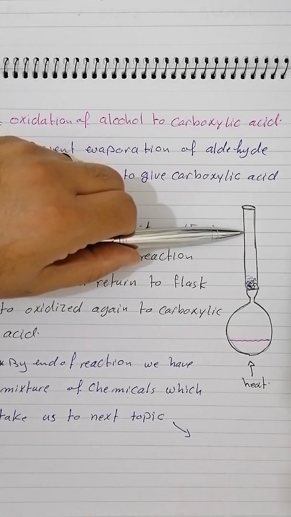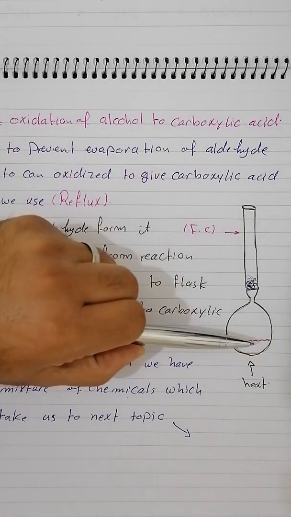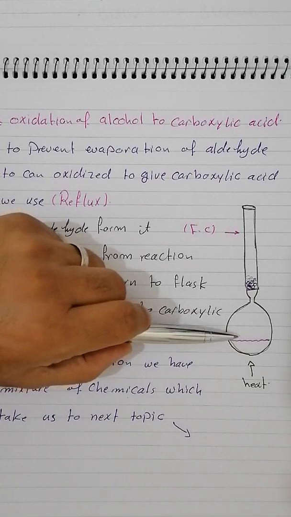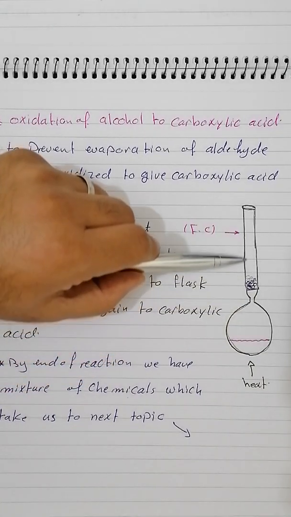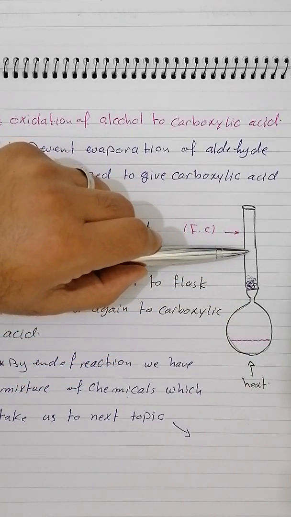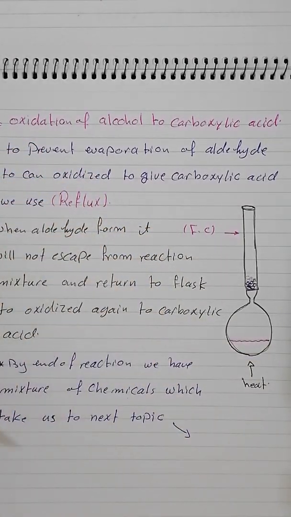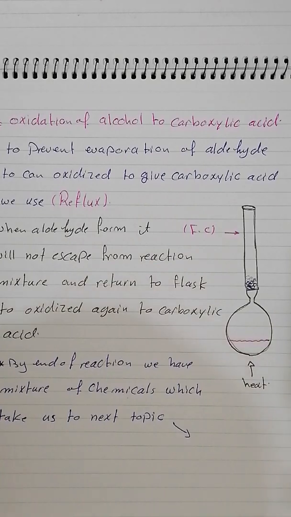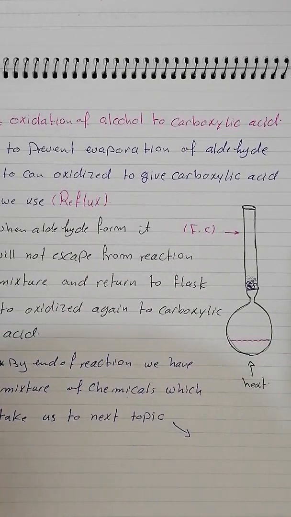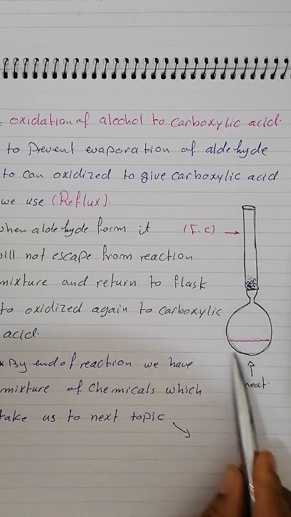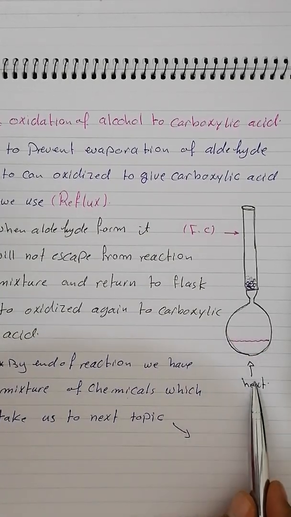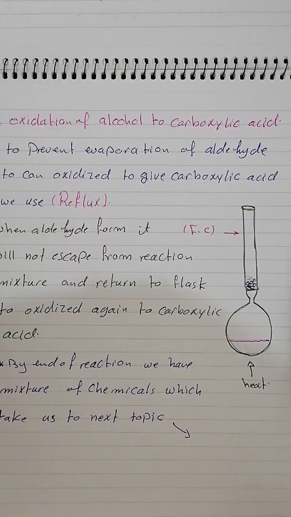It will form and will evaporate as happened in the previous example, but when it goes up, it will condense here and return back to the reaction mixture and will oxidize. Remember, oxidation of aldehyde is easier than oxidation of alcohol. So when it returns back here with this vigorous condition, with this heating, it will oxidize again.